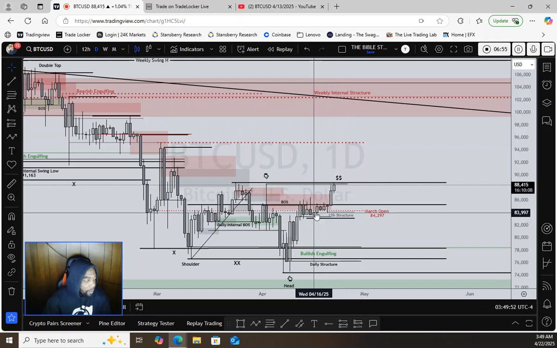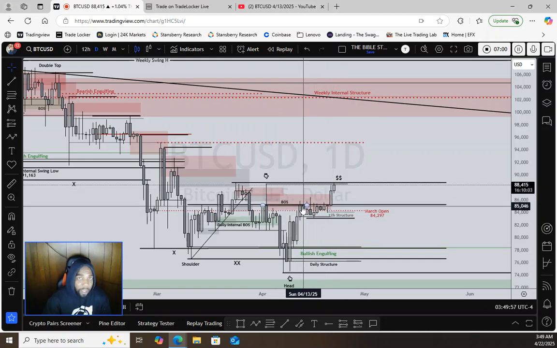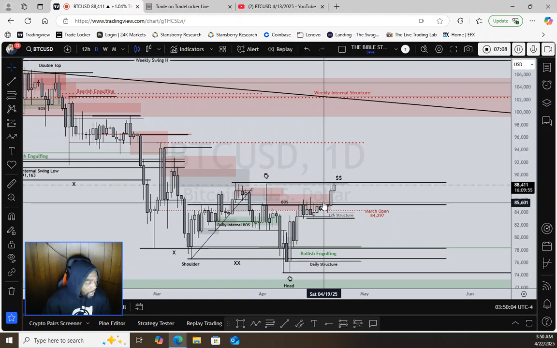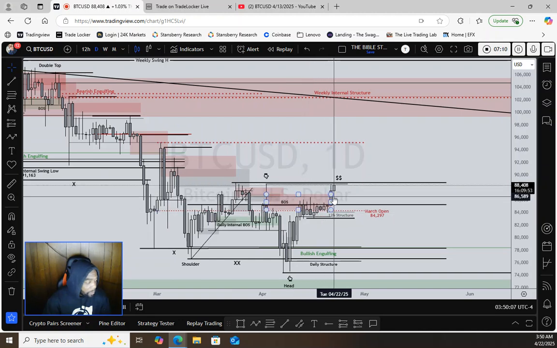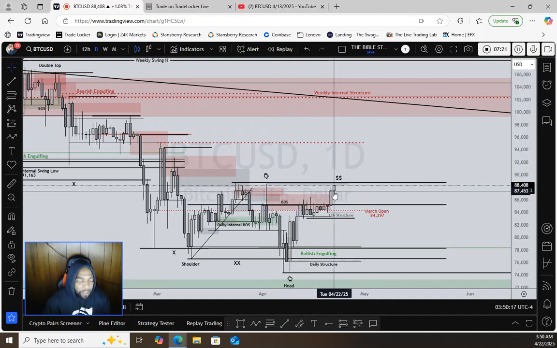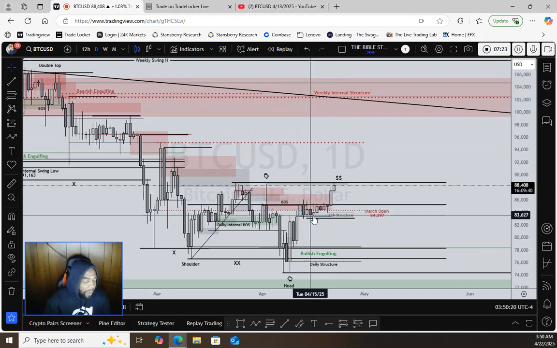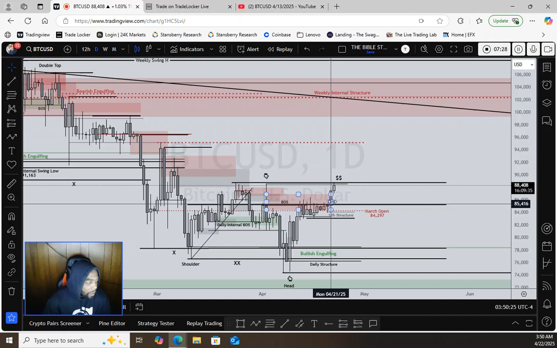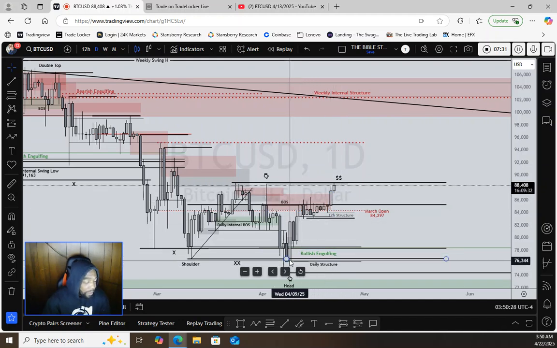Now, break of structure has encountered breaker structure on the daily, and now with this internal retracement and given this bullish continuation, it's solidifying that this breaker structure is legit and price is creating even higher highs after breaking the bearish daily structure. Now, we know this is a bullish expansion.